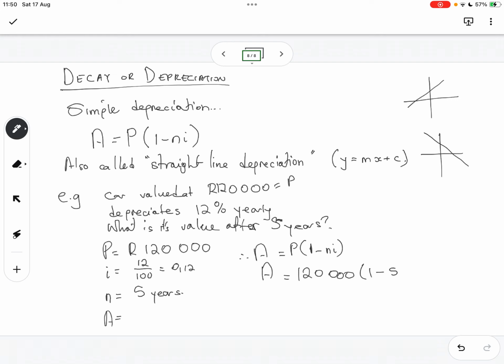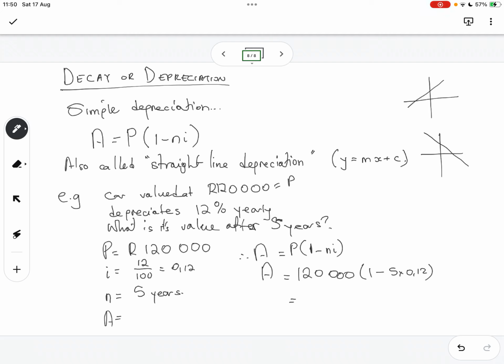The principal amount is 120K, times 1 minus 5 times 0.12. 5 times 0.12 equals 0.6, negative plus 1 equals 0.4, and we multiply that by the principal amount.